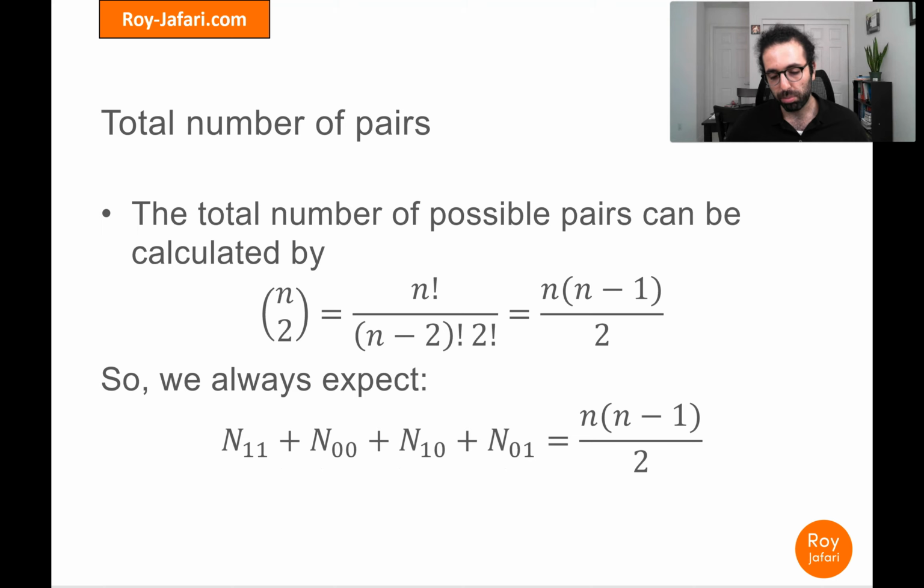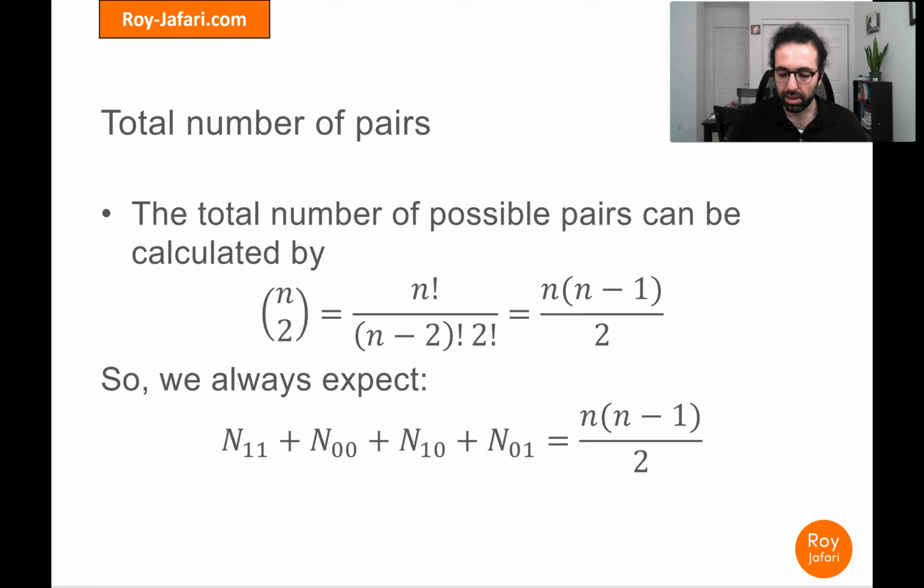But before we get to those metrics, let us have some understanding of how many pairs we are going to expect for a data set that has n data objects. If we've got n data objects, we are going to have this selection of 2 out of n possible pairs.